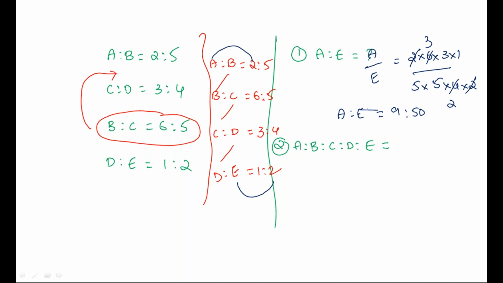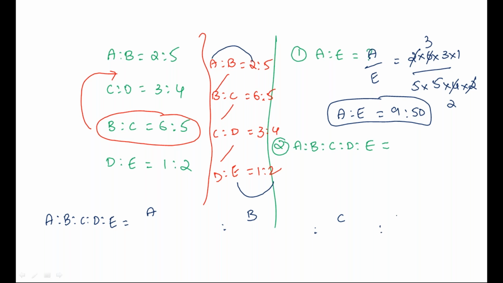A and E. But when you're calculating A, B, C, D, E, guys listen. What is A, B, C, D, E? A is first column, E is last column. But now all of you stick on for a while. A is first column as usual, 2 into 6 into 3 into 1.